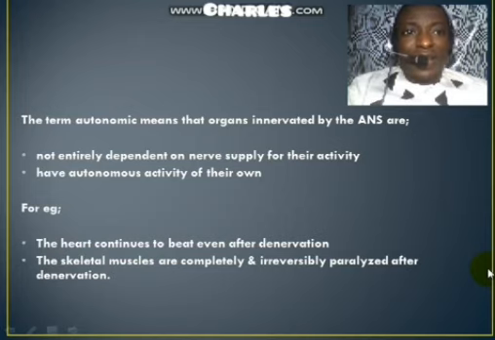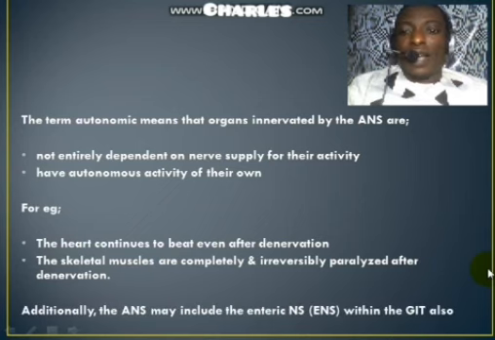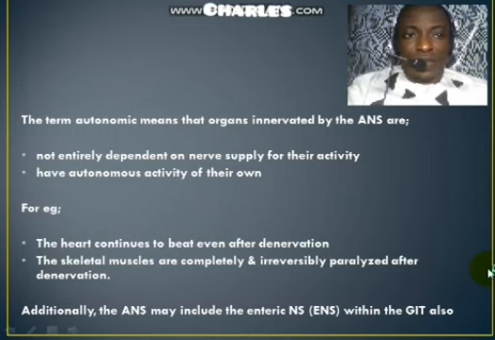In addition, the ANS may include the enteric nervous system, which is found within the GIT. It means that the GIT can regulate its functions with or without input from the autonomic nervous system. We'll do all of that in gastrointestinal physiology.